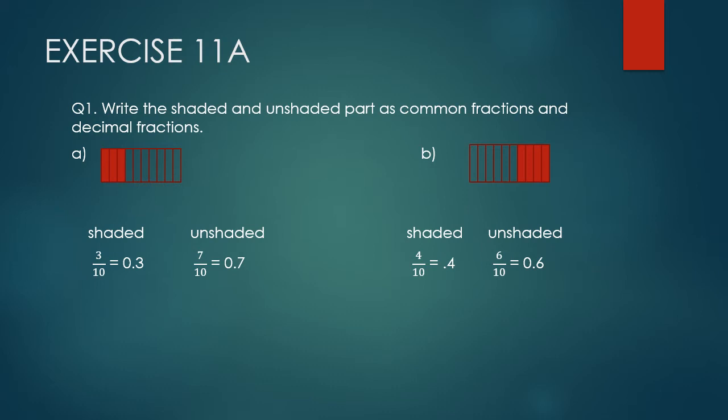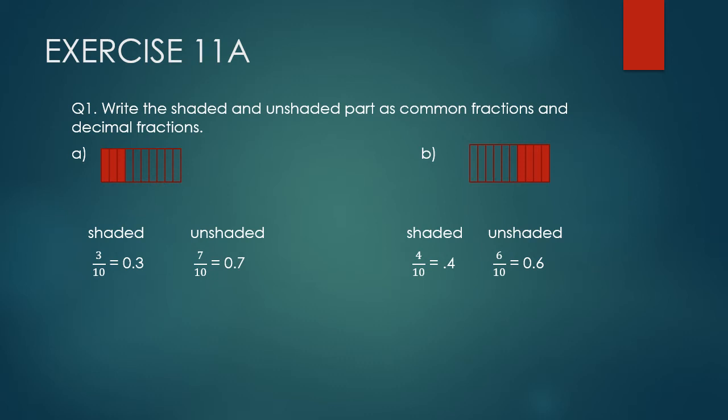This rectangle is divided into 10 equal parts, and out of these 10 equal parts, 3 are shaded. If 3 are shaded, that means 7 are unshaded. So first we'll write the shaded part as common fraction and then as decimal fraction.